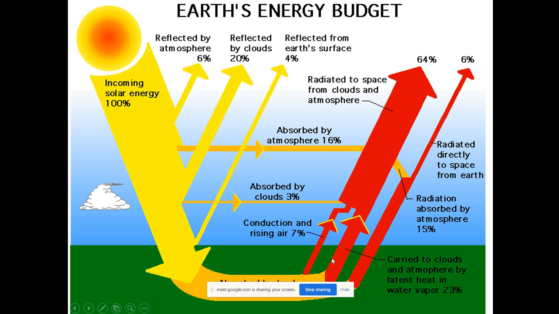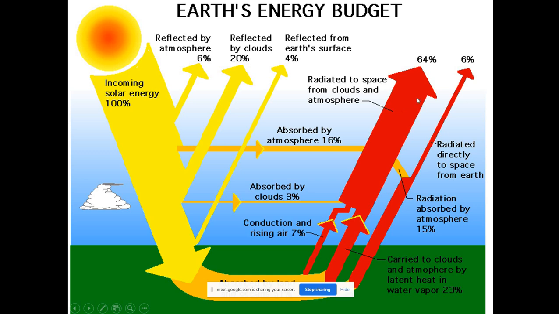You can see that 7% energy is used in conduction and rising air. This is 7% absorbed by the cloud. This is 3%, and absorbed by the atmosphere is 16%, and radiated to space from clouds and atmosphere is 64%.